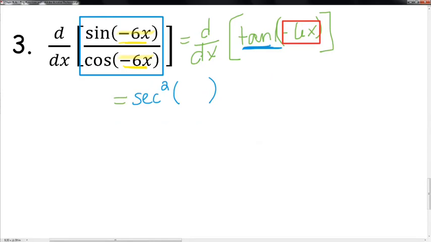And we're going to rewrite our chocolate, the inside, negative 6x. And then we're going to multiply it by the derivative of our chocolate, which is negative 6. And so if you're going to see this on a multiple choice, they're going to rewrite this as negative 6 secant squared of negative 6x.